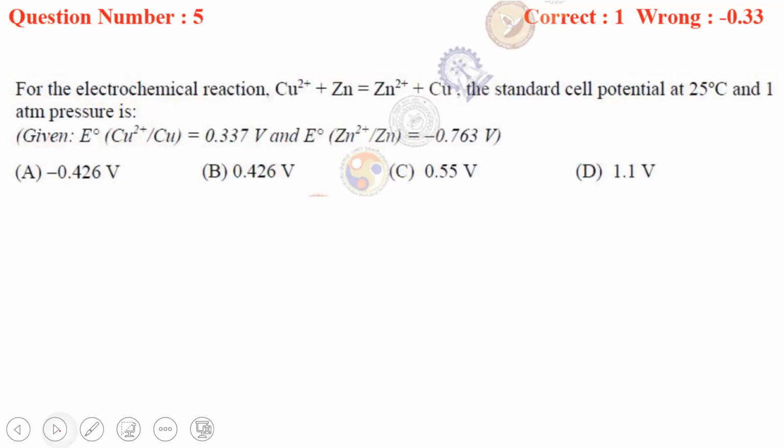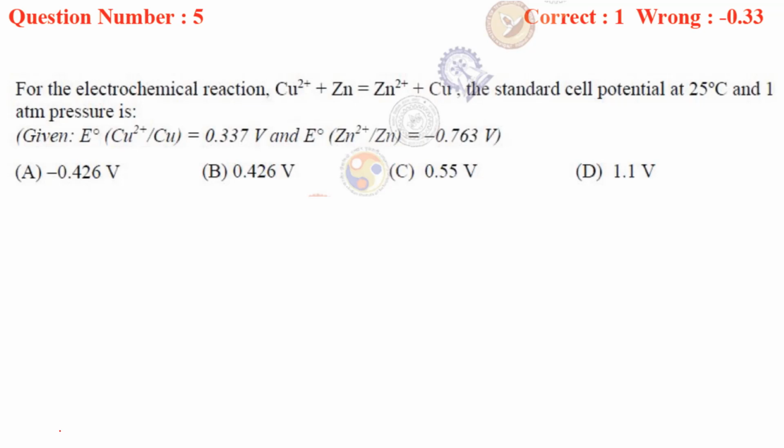Now the next question. For the electrochemical reaction Cu2+ + Zn = Zn2+ + Cu, the standard cell potential at 25 degrees centigrade and 1 atm pressure is to be found.